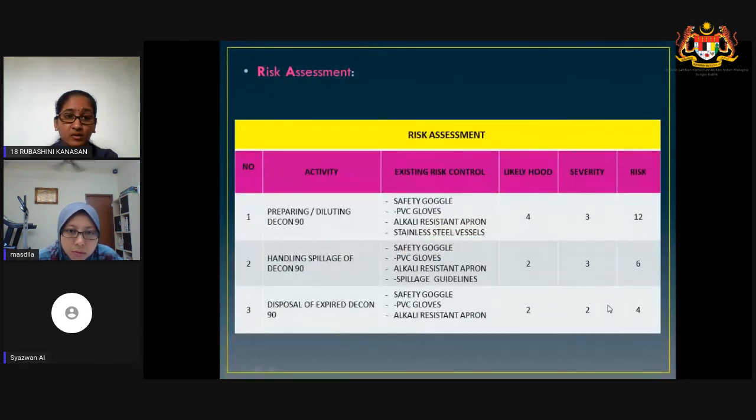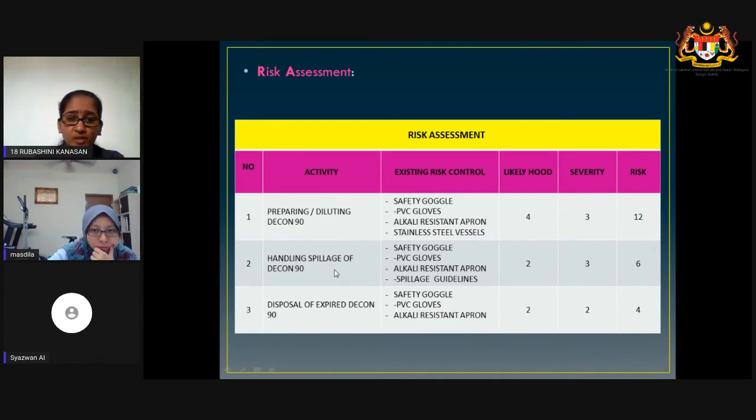Okay, for the risk assessment, for the preparing, existing risk control as mentioned before, the proper PPE such as safety goggles, PVC gloves, alkali resistant apron, and stainless steel vessel to handle the Decon 90. Likelihood I give 4, severity I give 3, and the risk is 12.